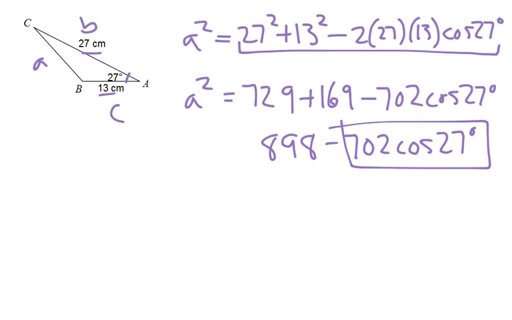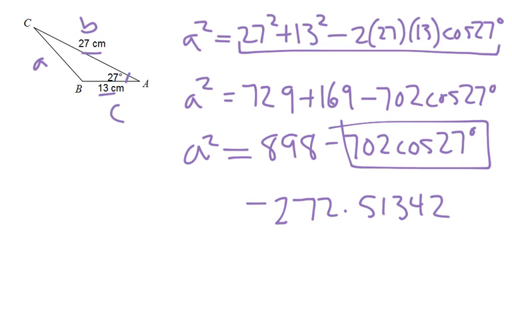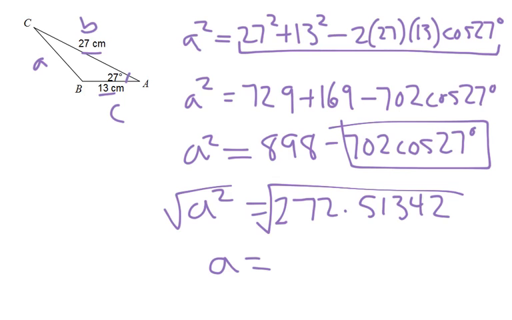This needs to be multiplied first, order of operations. So this is where I just write this in the calculator: 898 minus 702 times cosine of 27 degrees. That gives me 272.51342 equals a squared. Then, using the calculator, we just take the square root of that, giving us about 16.507. So a is 16.5.